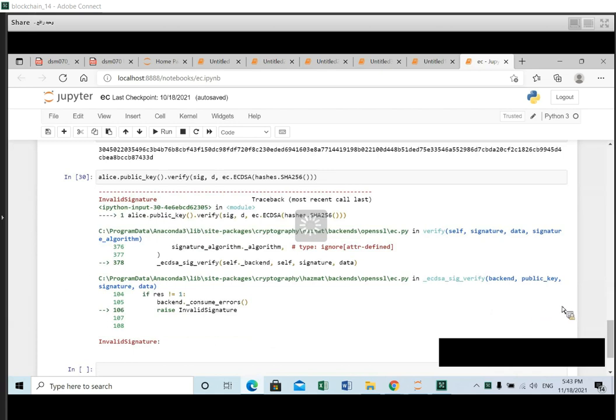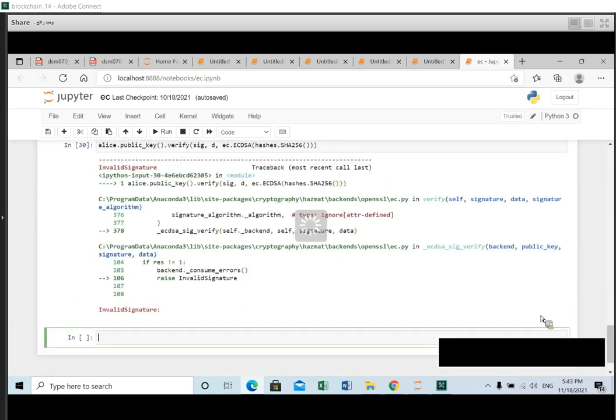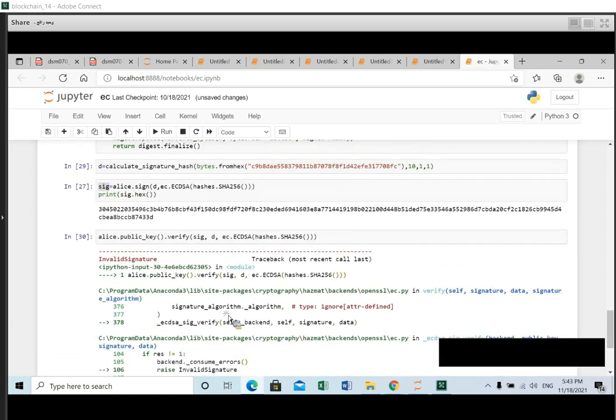I copied this signature. This is the signature. Bytes dot from hex.